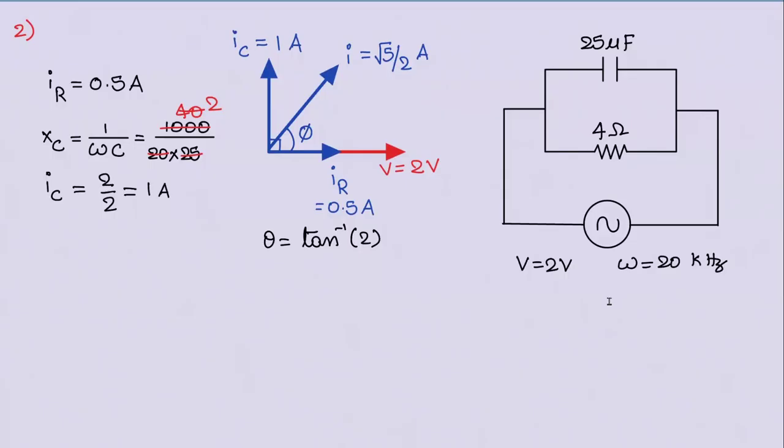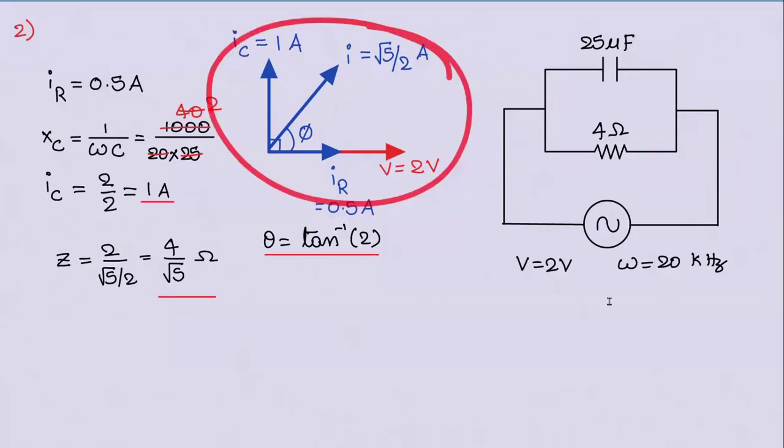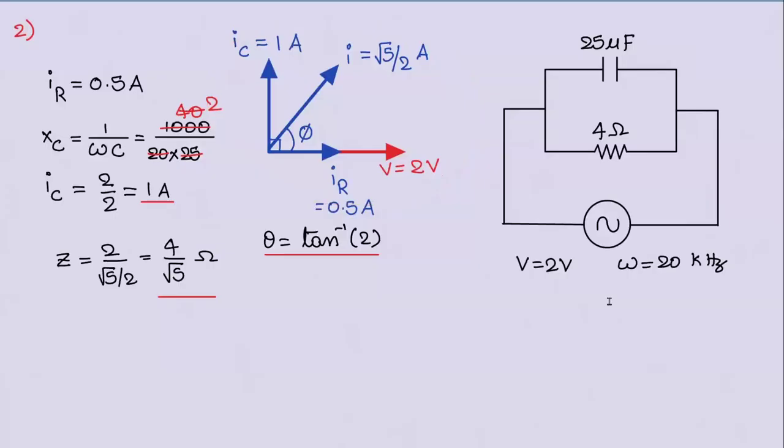Yes, we got it. That's enough. If you want Z, you can find Z is equal to 2 by root 5 by 2, which is 4 by root 5 ohm. Not required. But once you have done this phasor diagram, you can find everything, right? Good.